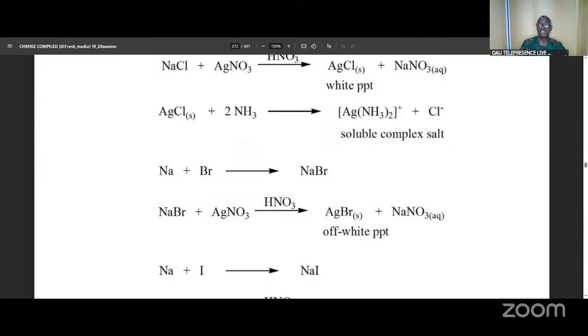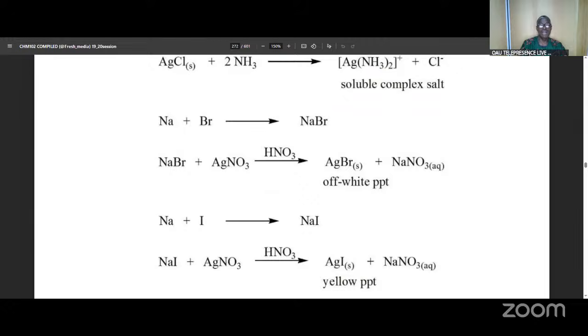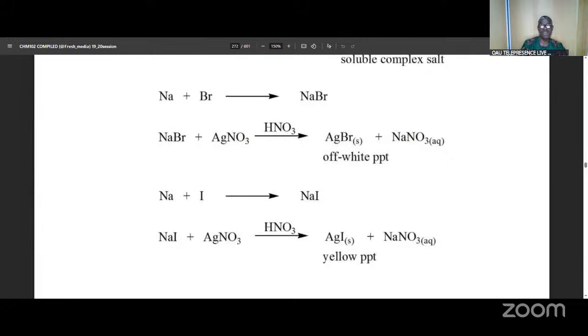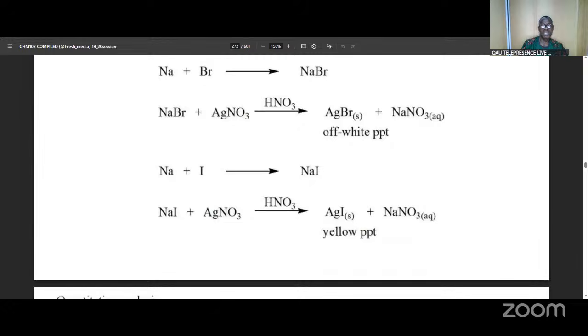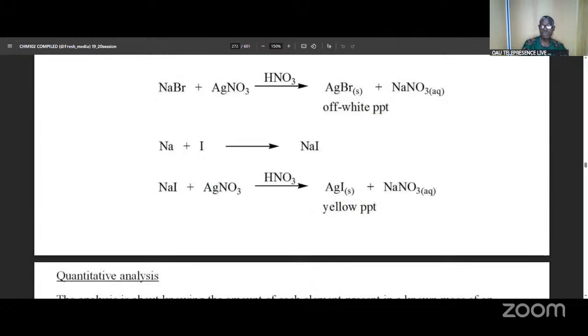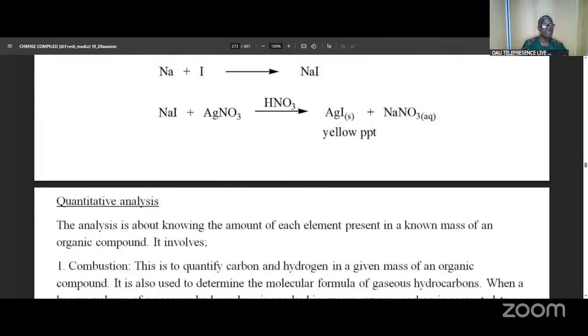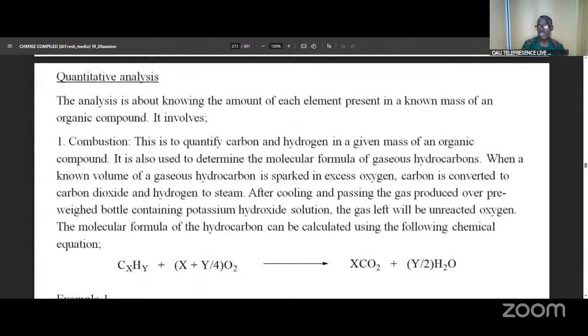And if you do the same thing for sodium bromide, you get an off-white precipitate. And for iodine, you have a yellow precipitate. Now, let's quickly run to the third part, which is quantitative analysis.